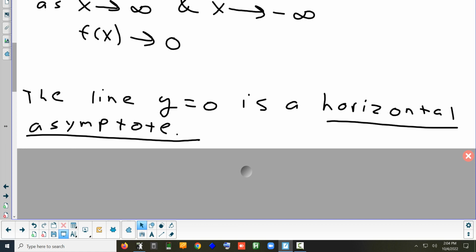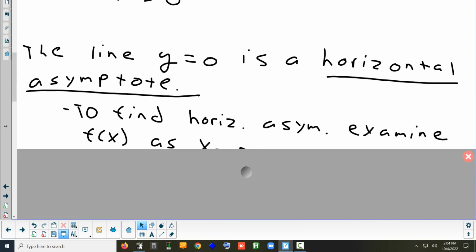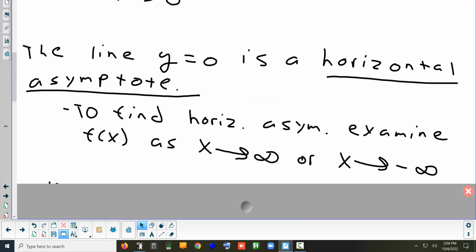And for this particular graph, it is at the number 0. So to find a horizontal asymptote, take your graph and imagine you could just keep traveling to the right forever, and ask yourself, as I do that, what am I getting closer to?